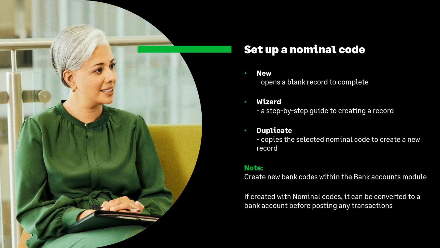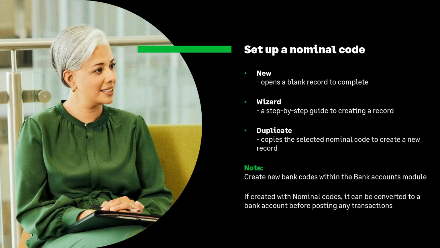Great for customers, product records, that type of thing, where you might just want to make subtle changes to the record, but for nominal codes, very unlikely that you're going to use it. It doesn't copy any transactions or anything. All you're really going to have there are things like the name of the nominal code itself, which you will probably want to change anyway.